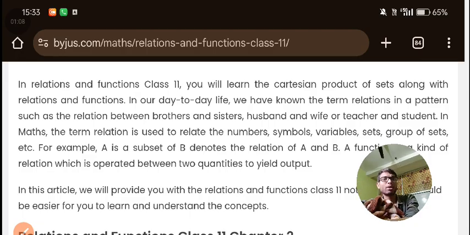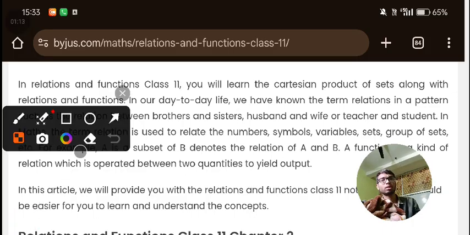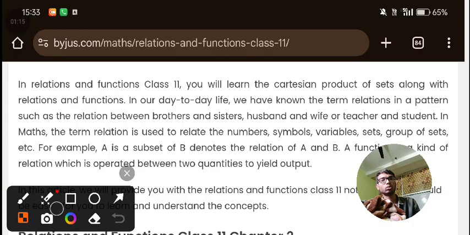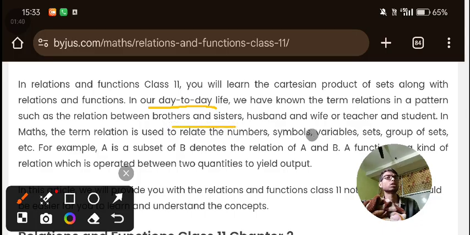Let's see. In our day-to-day life, we have the term relations in a pattern, such as the relation between brothers and sisters. What are the relations between brother and sister? You know very well. Husband and wife, or teacher and student.